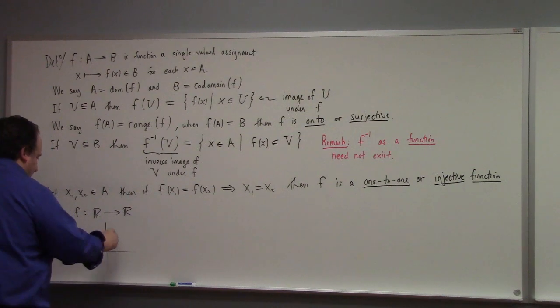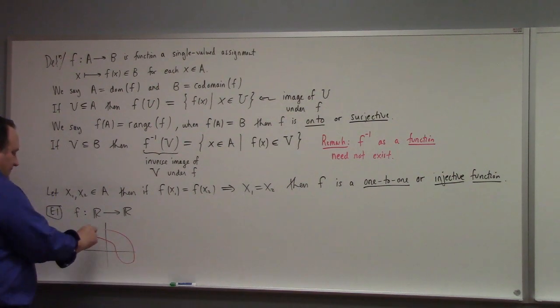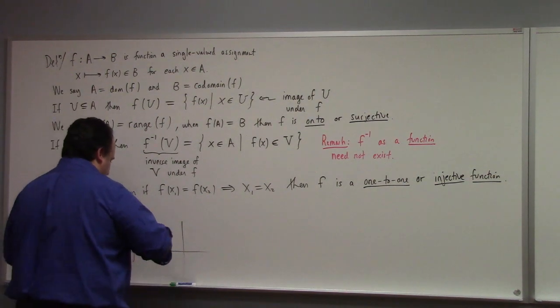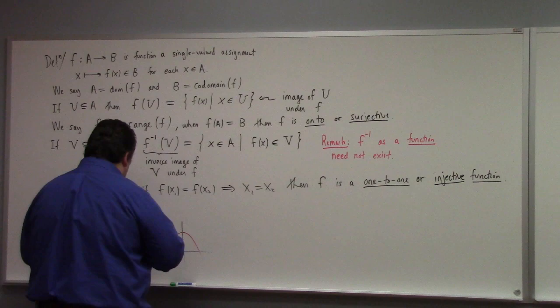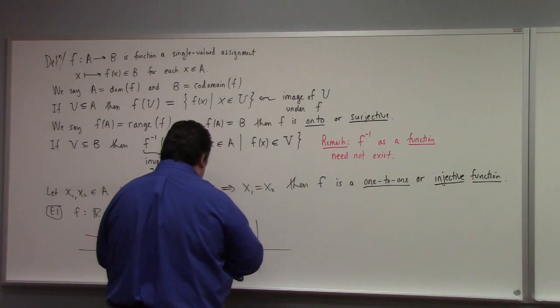So here are some potential graphs. There's a potential graph. Here's another potential graph. Here's a third potential graph.